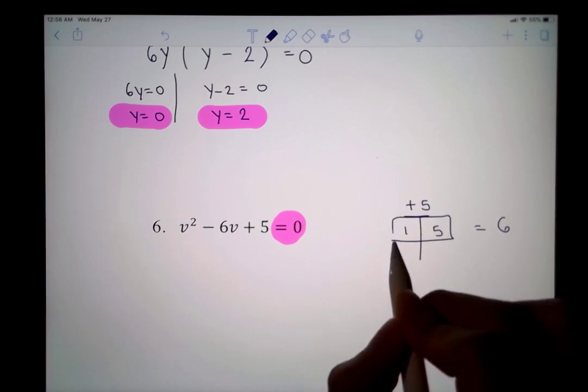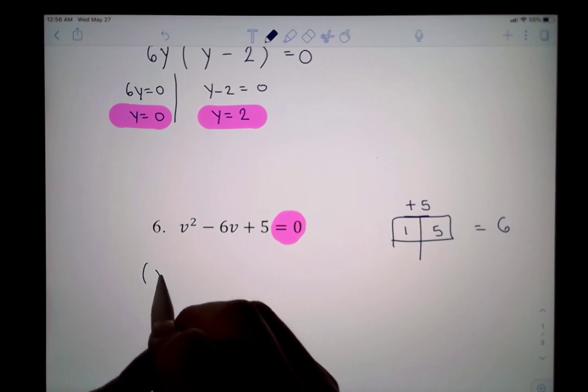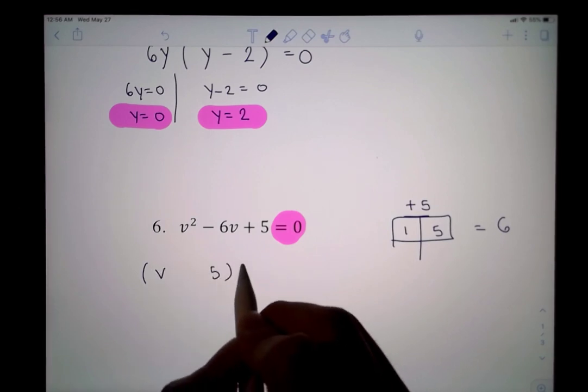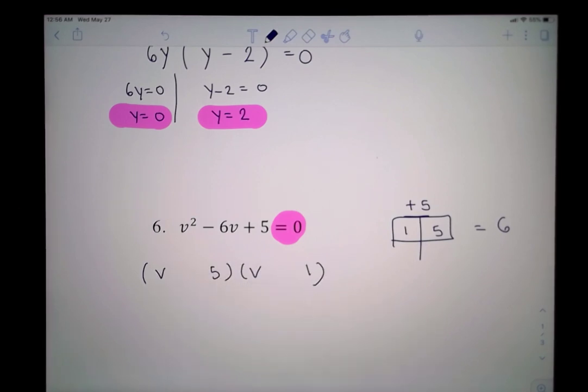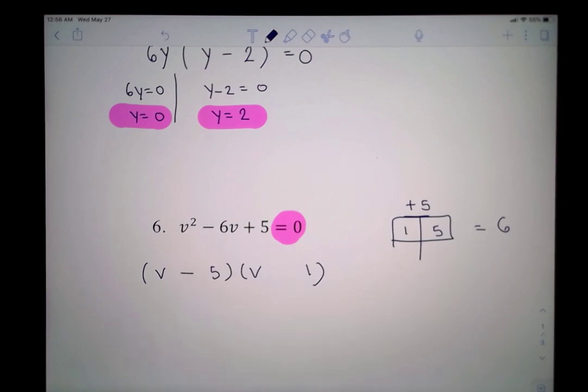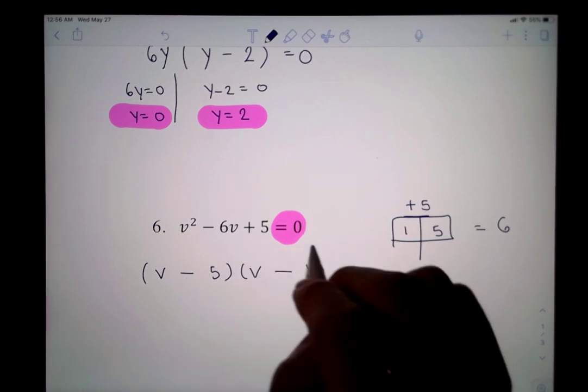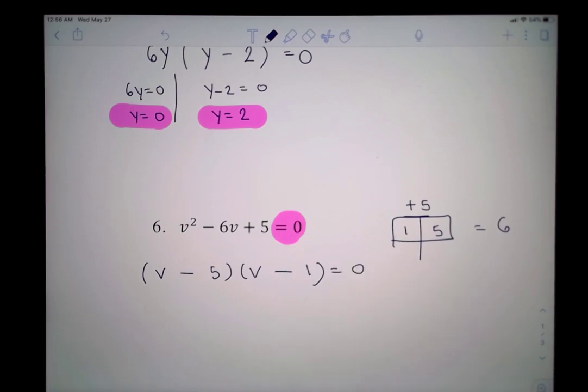So this is your pair, and then we write it with 5, 1, right? So just like normal, same sign, minus, you multiply, you get positive, so that's supposed to be minus, right? And bring it down, equals 0.